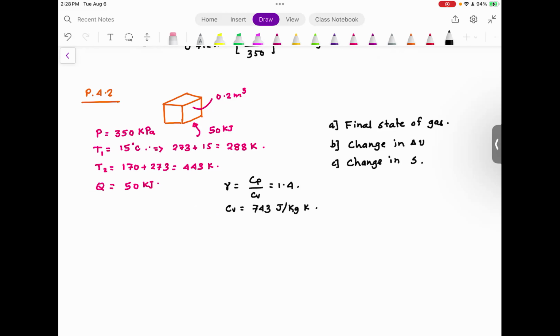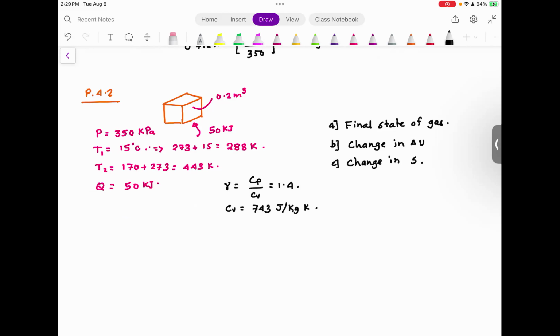So this is a constant volume process. You have an external temperature source at a higher temperature than the initial temperature, so the heat is flowing in, and that heat is 50 kilojoules.